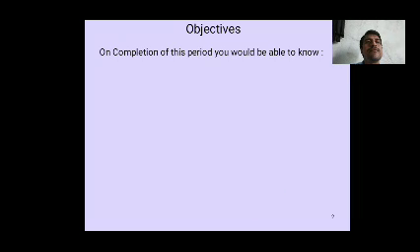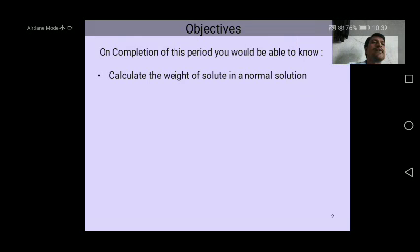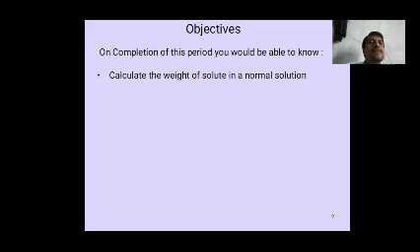On the completion of this period, you would be able to calculate the weight of solute in a normal solution.